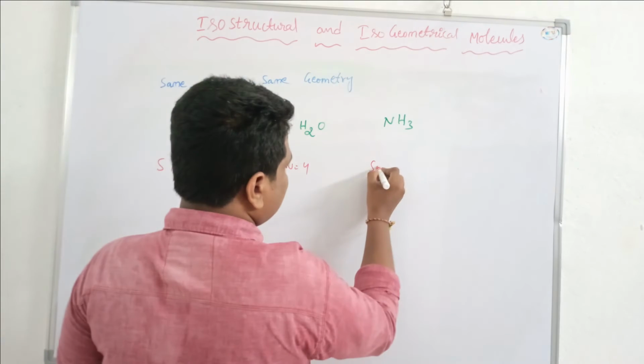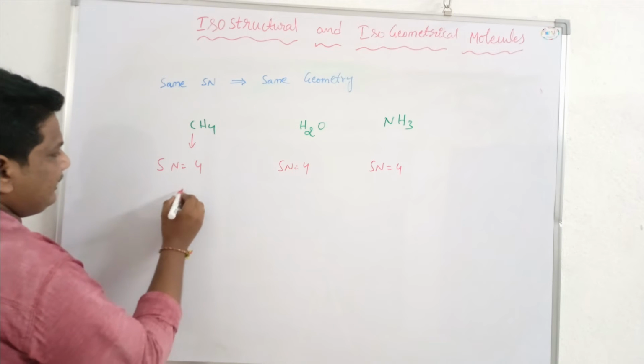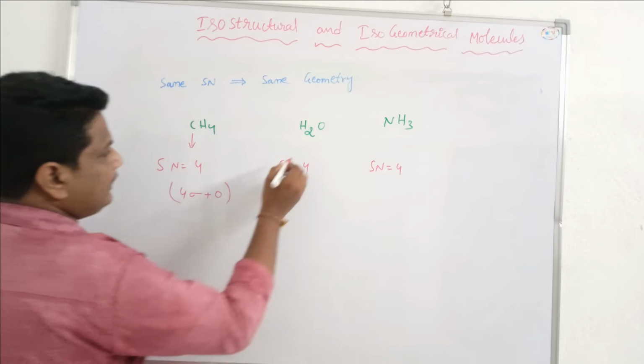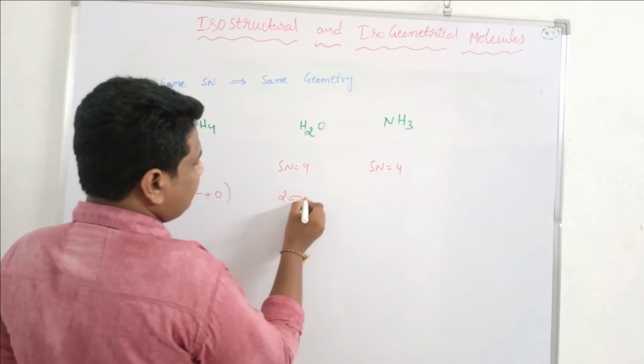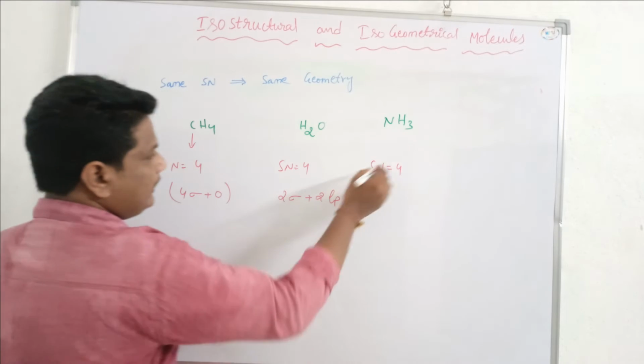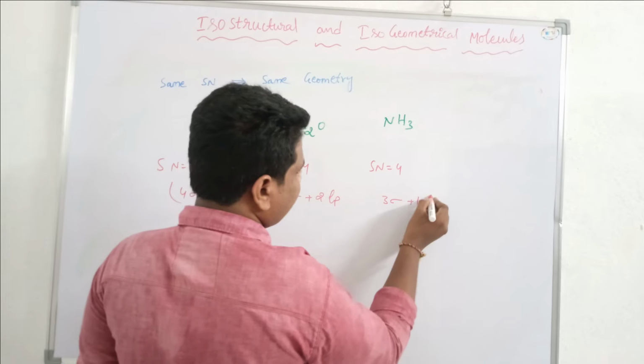In this case also, we have steric number 4, and in this case also. Methane has 4 sigma bonds and 0 lone pairs, H2O has 2 sigma bonds and 2 lone pairs, and NH3 has 3 sigma bonds and 1 lone pair.